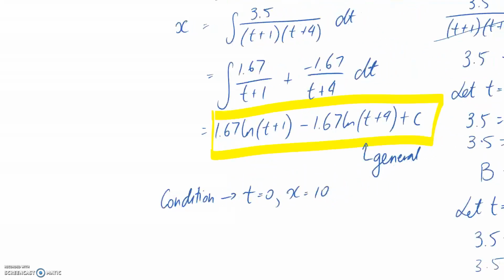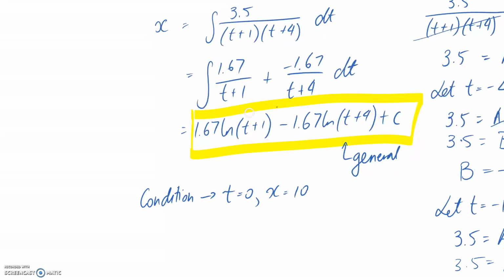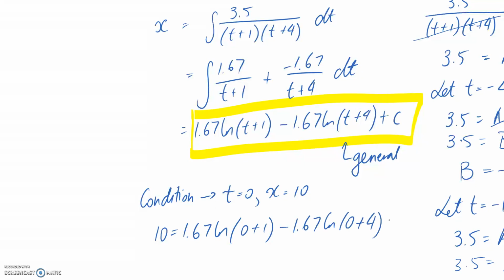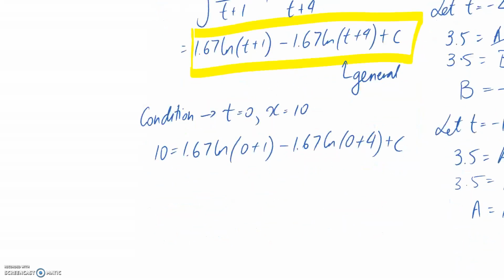So if we now substitute this into our solution, we should be able to figure out what c is. So 10 is equal to 1.67 log of 0 plus 1, minus 1.67 log of 0 plus 4. So it's going to be 10 minus this plus this in a calculator. And that means that c becomes 11.62.